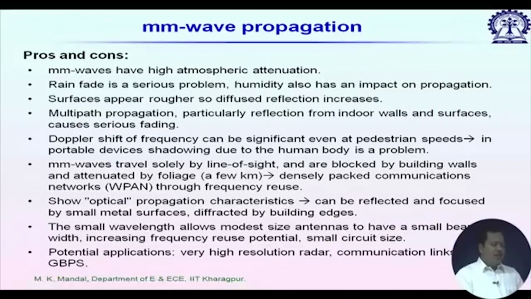Another problem is the shadowing problem. At lower frequencies, for example 1.8 gigahertz or 2.4 gigahertz wireless LAN applications, the electromagnetic signal can bend around our body. This is due to the effect of diffraction. But at millimeter wave frequencies the wavelength is so small that it can't bend around our body.